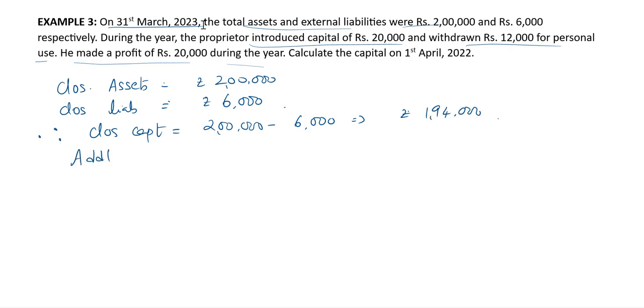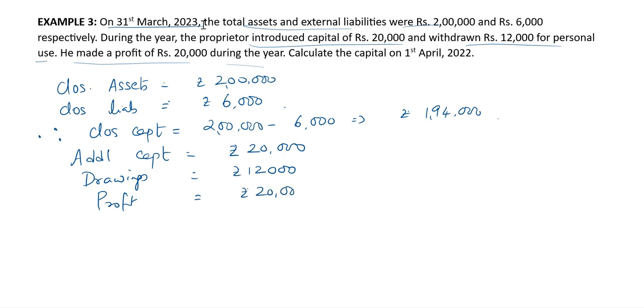Additional capital is 20,000. Drawings is equal to rupees 12,000, and profit is equal to rupees 20,000.